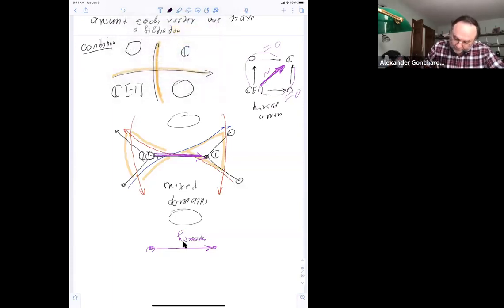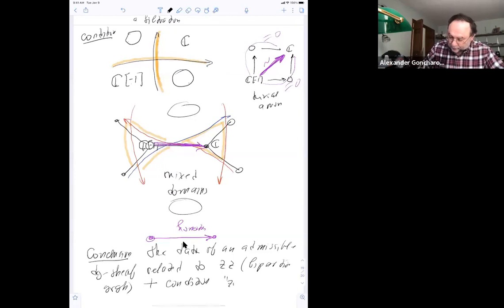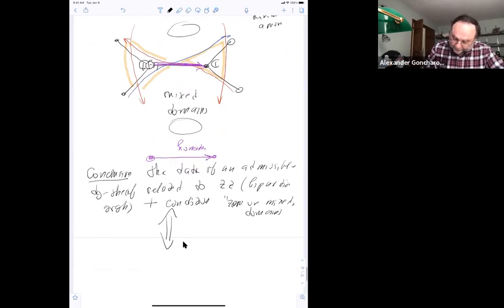And so we conclude that the data of an admissible DG sheaf, plus the condition that it is zero on mixed domains, is equivalent to saying that we have a flat bundle, an actual line bundle if you put the condition that the support is one-dimensional, on the bipartite graph.